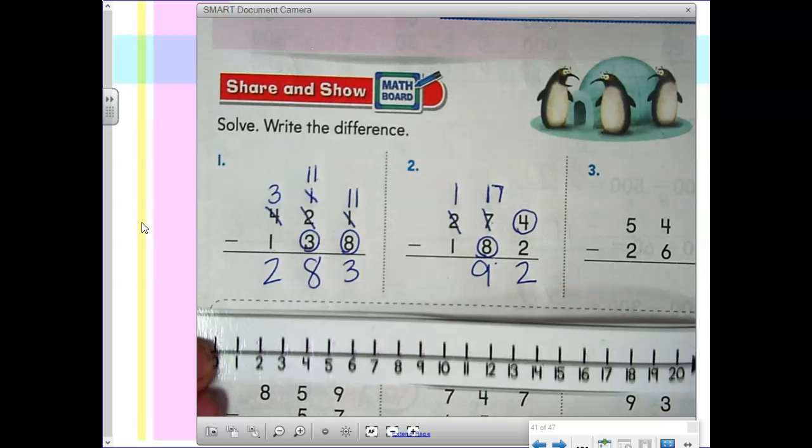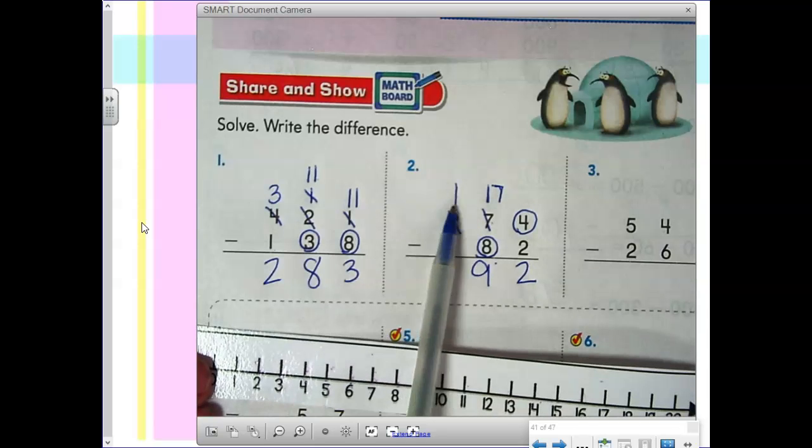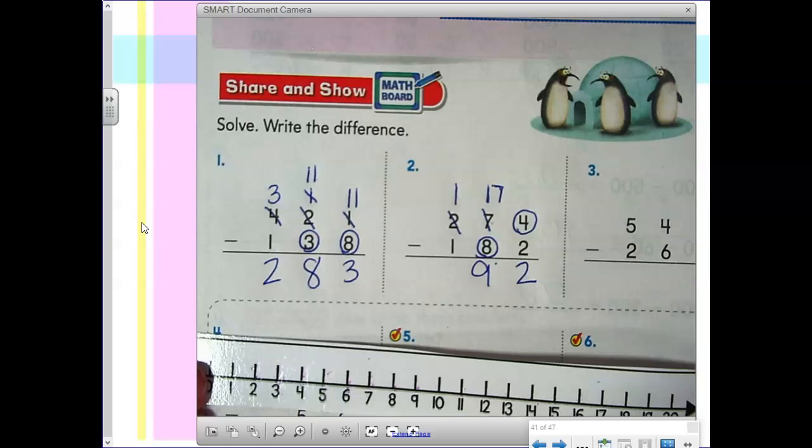It is 9. And then in the hundreds place, 1 minus 1 is 0. All right, so we don't have to put our 0. It's 92.